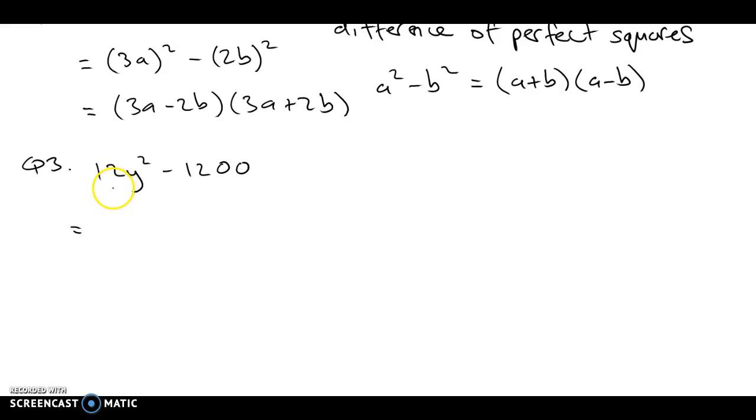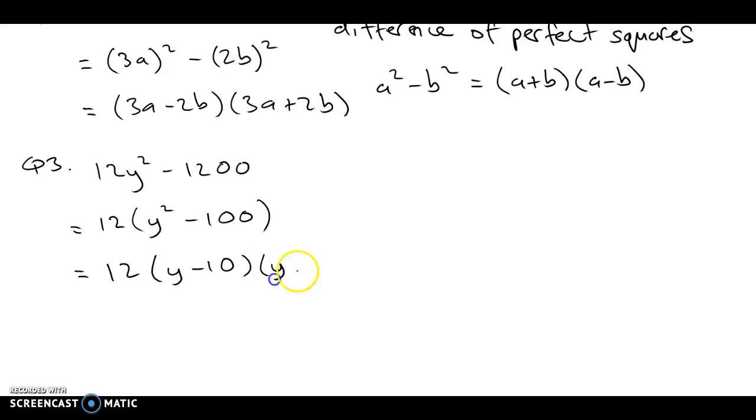Here, whilst you might look at this and think straight away difference of two squares, what we actually want to do is take out the common factor of 12. So we'll take out the 12, get y squared minus 100, and now we can use the identity of the difference of two squares. So that will become 12, and then we'll have y minus 10, y plus 10.